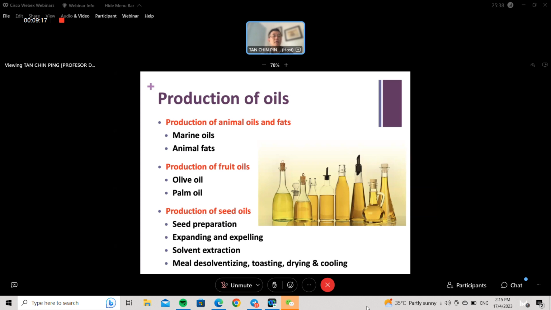All right. Then there is also production of fruit oil from the plant kingdom. And when you talk about fruit, there are two specific types of commercially viable plants that we obtain the oil from, which are olive and palm. We get the oil from the mesocarp of olive, and also palm oil, we get the oil from the oil palm fruits.